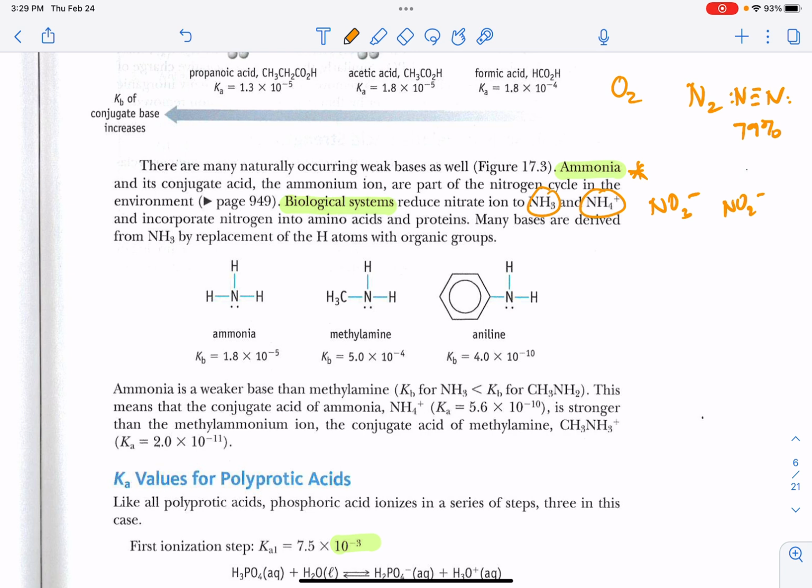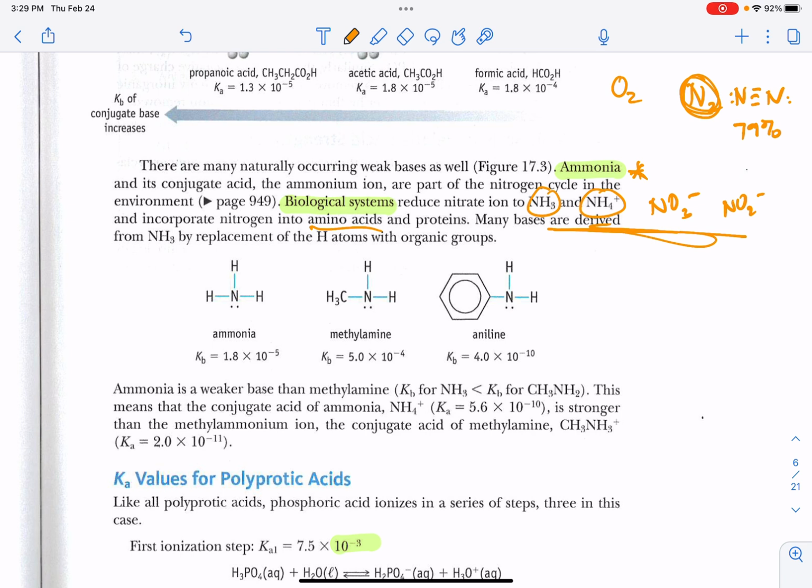This is exquisitely well designed, our atmosphere. And of course, you expect nothing less from the Creator. The problem, though, comes in when how do you get nitrogen into plants and animals? Because proteins are made out of amino acids, and nucleic acids like DNA and RNA also have nitrogen in them. And so you've got to get nitrogen from this form to this form.